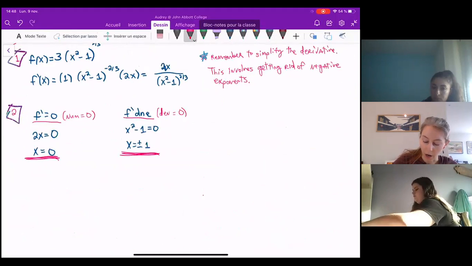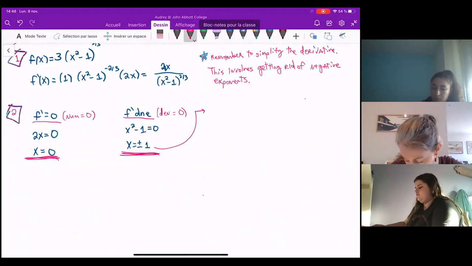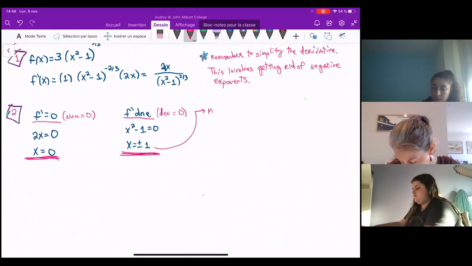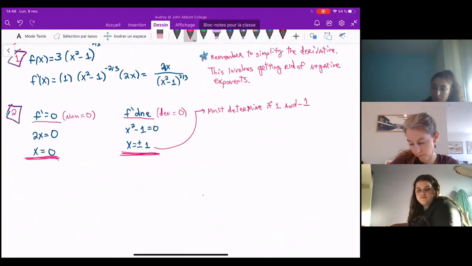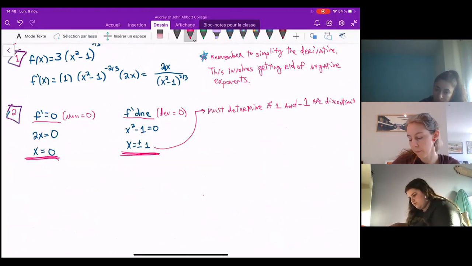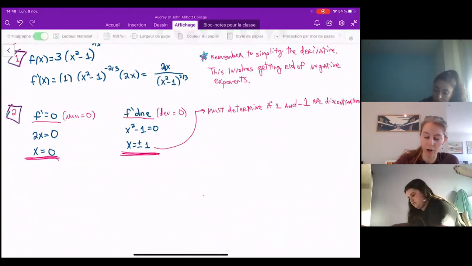So here, I need to determine are 1 and -1 discontinuities. And really, I can do that by plugging them into the original function.